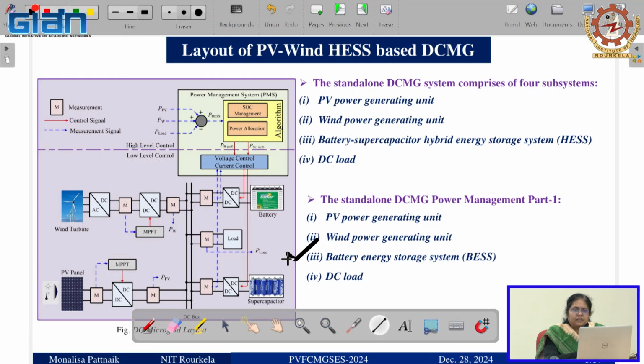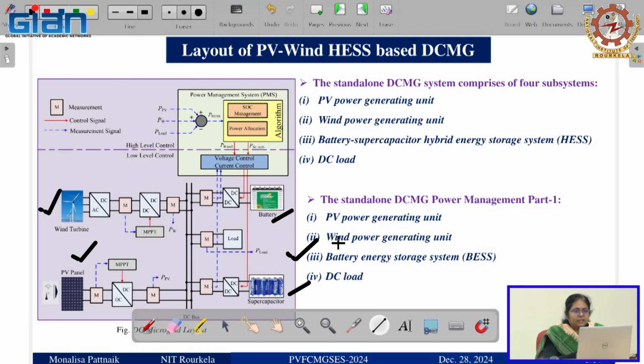It provides the layout of the system with PV and two renewable energy sources, that is, multiple renewable energy sources, and hybrid storage. Hybrid storage means we have considered the battery as well as the supercapacitor.